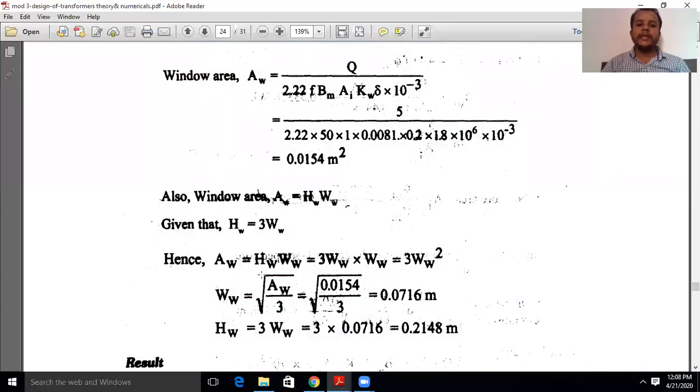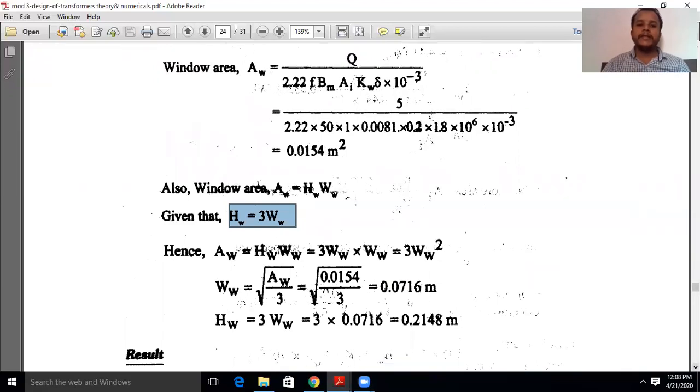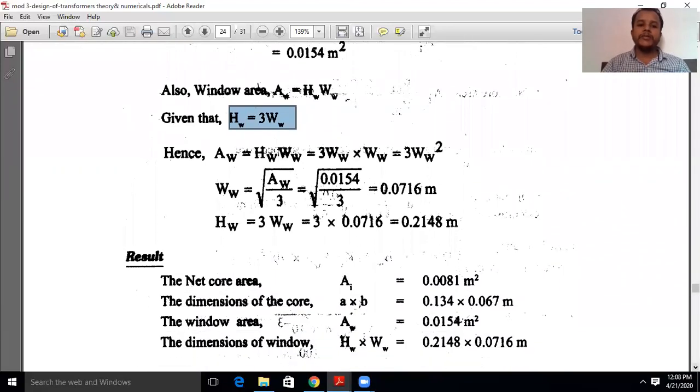So Aw will be 3Ww into Ww, so it will be 3Ww square. Now go for Ww, it is around 0.0716 meter. Now by using this particular relation, we can get the Hw value as 3 into Ww. So these are the dimensions of the window.